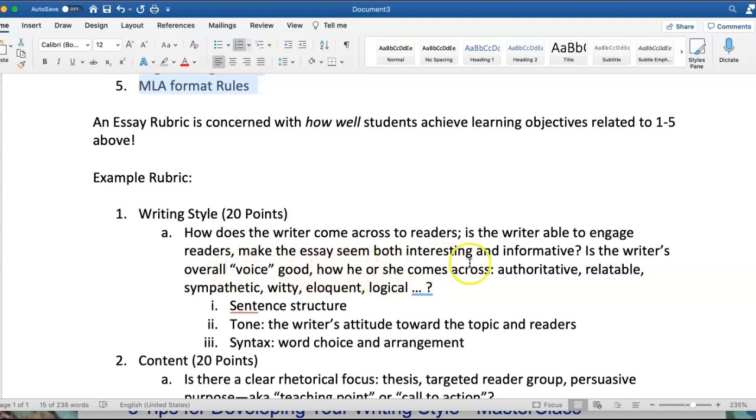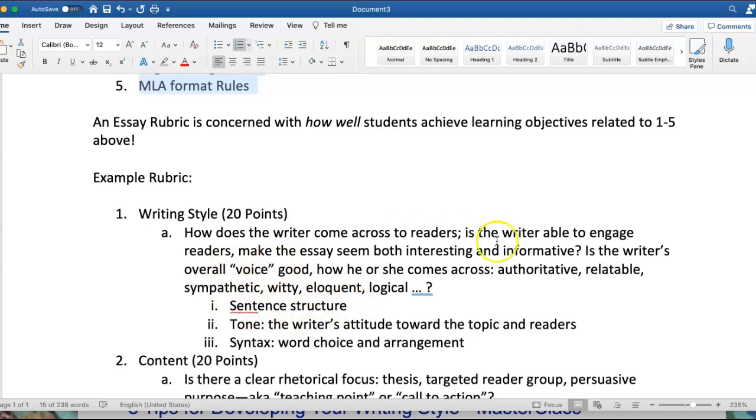How the writer comes across as authoritative, relatable, sympathetic, witty, eloquent, which is poetic, logical, makes sense. Now, the writer's voice is achieved through sentence structure, how sentences are built, and you can have quite elegant sentences, elegant transitions, sharp, spruce, well-structured sentences that convey the writer's voice.